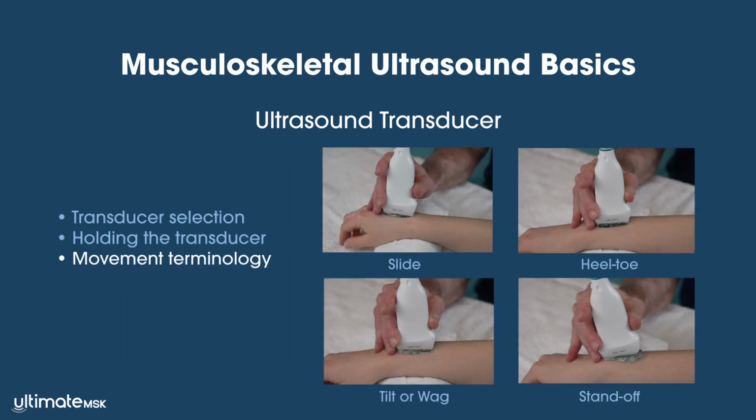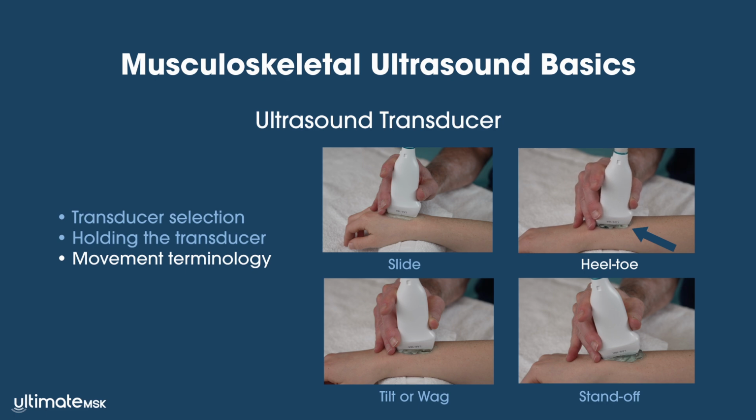Finally, it's important to become familiar with the terminology associated with transducer manipulation. Simply moving the transducer across the patient's skin without changing its angle of incidence is called sliding the probe. Adjusting the transducer angle in the long axis, tilting it away from 90 degrees, typically with one end fixed, is called the heel-toe maneuver.